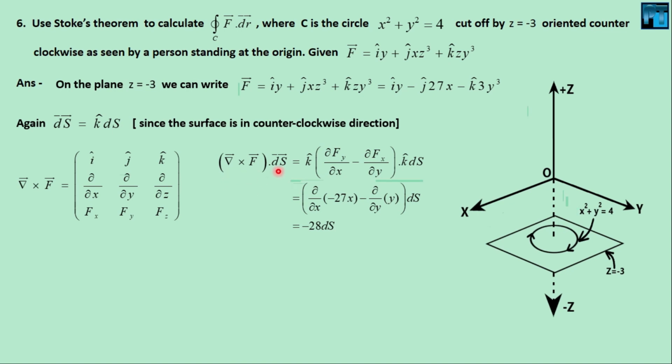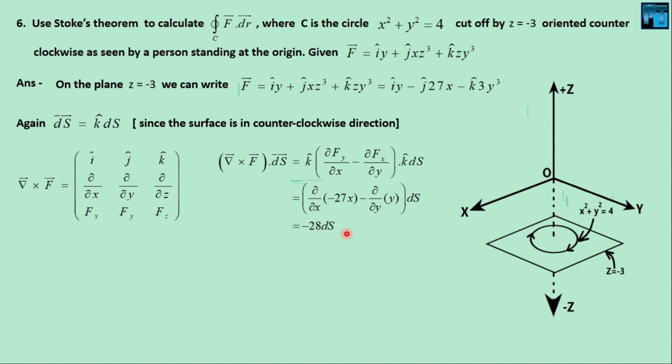We have del cross F dot dS, like this is along k cap, so we need the k cap direction, like k cap, del x of Fy minus del y of Fx. Okay, this is our Fx, this is our Fy, simple, minus 28 dS.